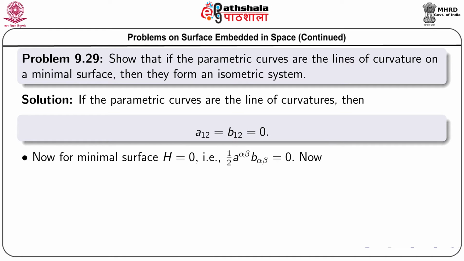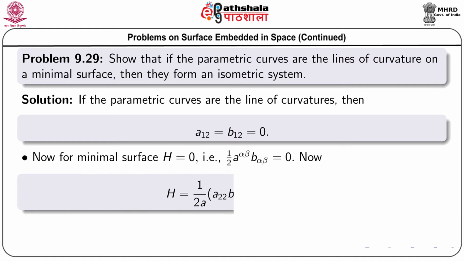Now, also we know that for a minimal surface H equals to 0, that means half A alpha beta B alpha beta equals to 0. So, if we just break this one, we get H equals to 1 by 2A, where A is the determinant of A alpha beta, into A22 B11 plus A11 B22.